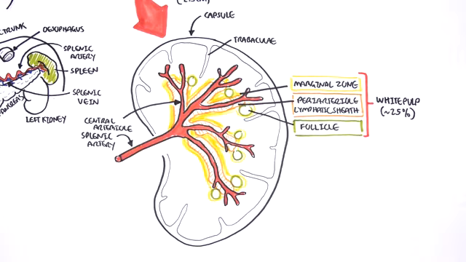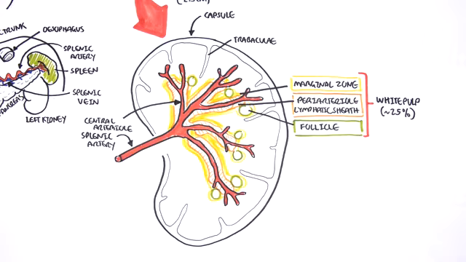The white pulp of the spleen makes up 25% of the splenic tissue. And because they contain immune cells, they are thus important in fighting infections such as from viruses. They are important in mounting an immune response as well as producing antibodies.